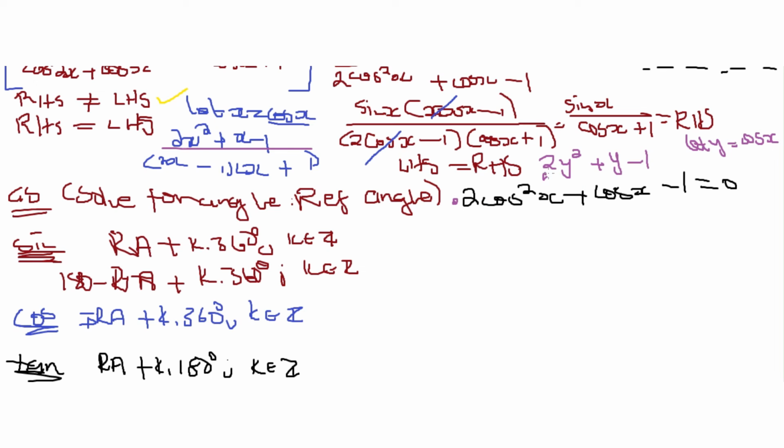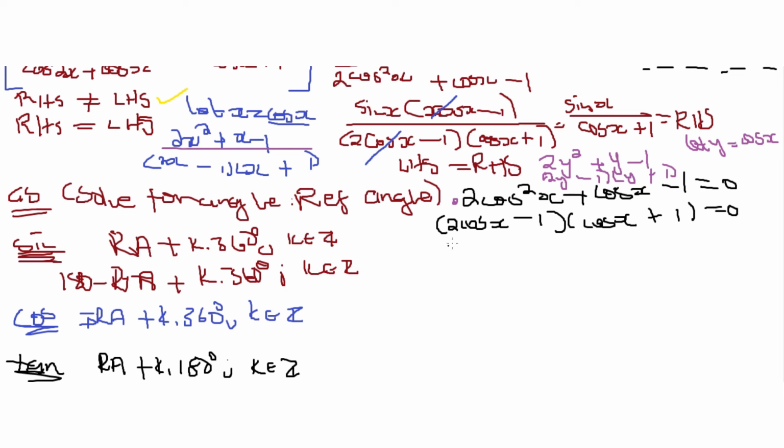Then let's factorize this. You're going to be left with 2y, y, 1 and 1, positive and negative. Then it is factorized into 2 cos x minus 1 times cos x plus 1, equal to 0.